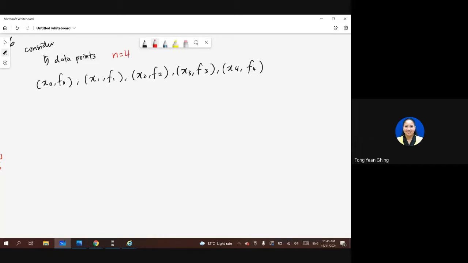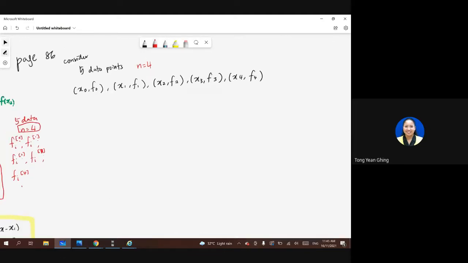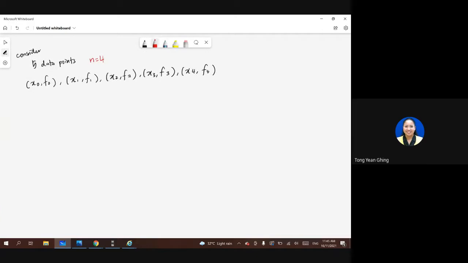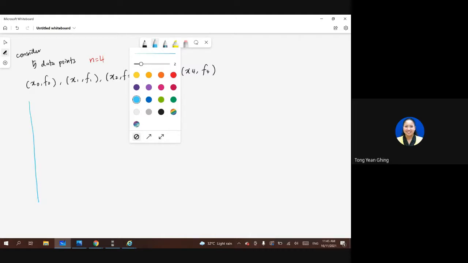When we want to solve this, it is easier if we construct the Newton divided difference table. So from here we draw a table. Okay, I draw a table.